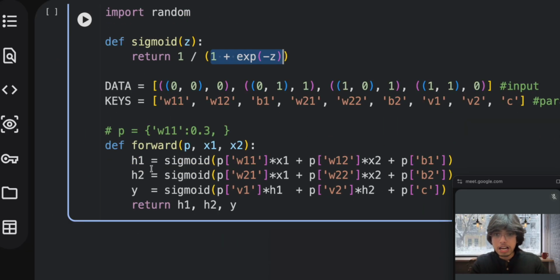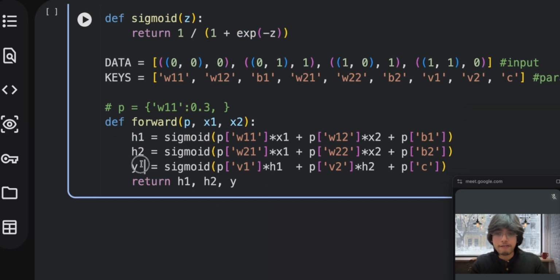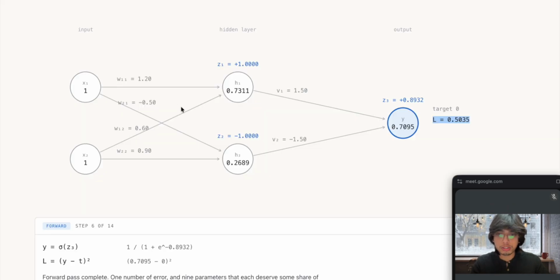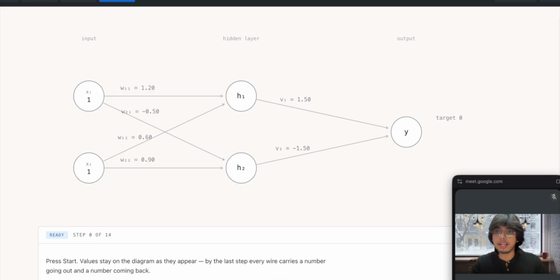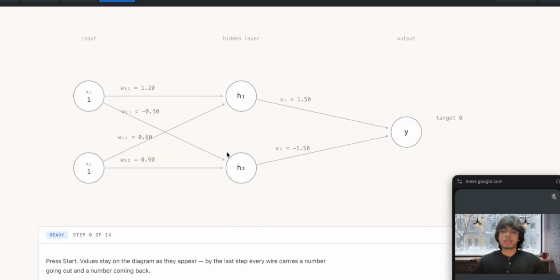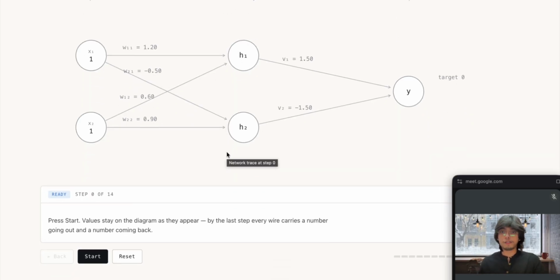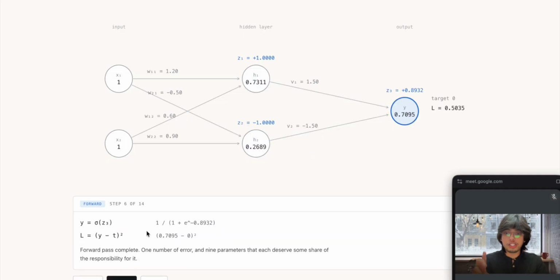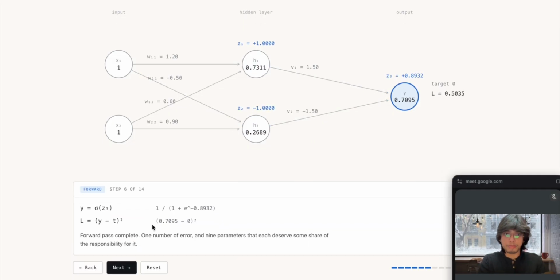Similarly, we have H2 and we have Y. I'm not explaining this again because I hope you understood it from the diagram, and it's easy to follow. So this was our whole forward pass, and now comes the most important part of this video, which is back propagation, where we'll nudge these values to minimize our loss. Let's do this.